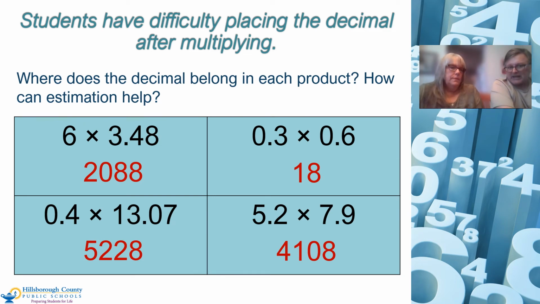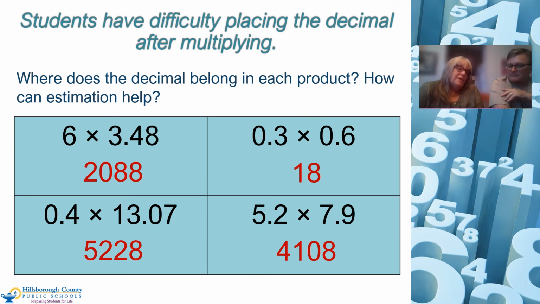And 3 and 4 hundredths is less than 4, but if I thought 6 times 4 is 24, I know my answer is somewhere between 18 and 24. Well, 20 is what makes sense. So I would place the decimal point confidently after the 0.